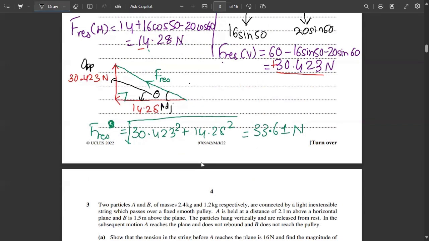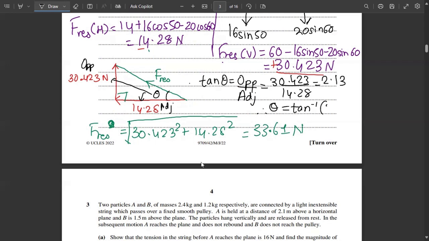So what we can use is tan. Why? Tan theta is equal to opposite upon adjacent, which is equal to 30.423 upon 14.28. Therefore, theta will be tan inverse of, now the simplification of this I'll do here only, 30.423 upon 14.28, which will give me 2.13.